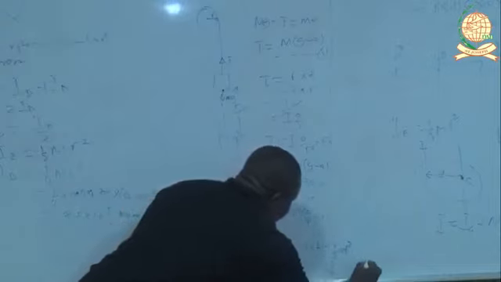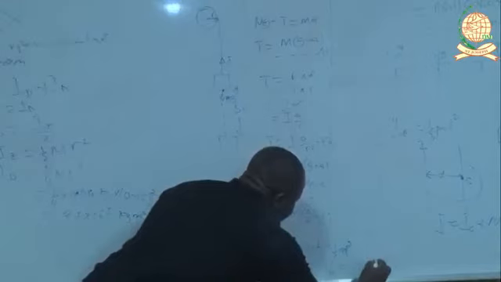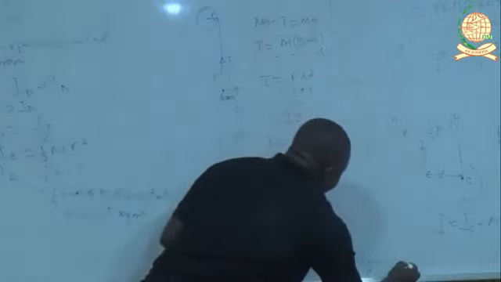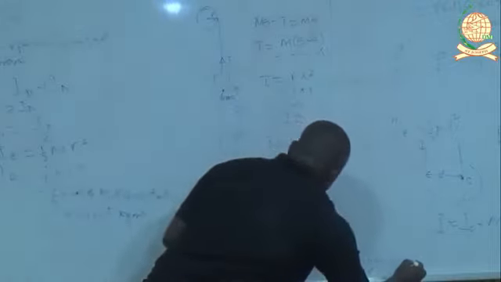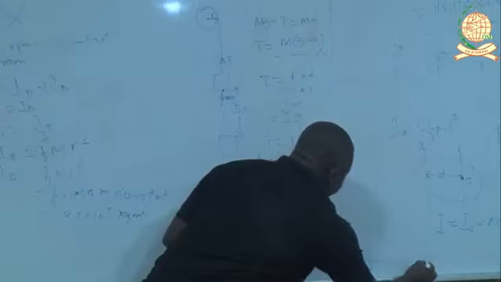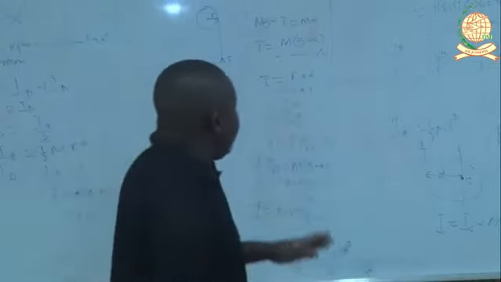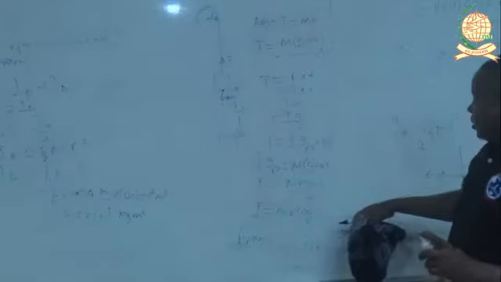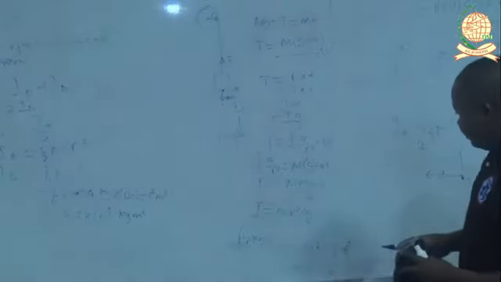So 2 times s is 5 meters, time is 10, squared, you're getting 0.1 meter per second square. So after getting acceleration, now you can go back in question number 4.